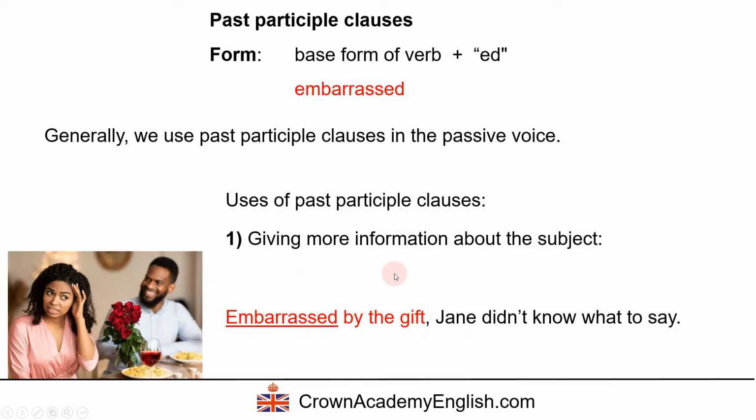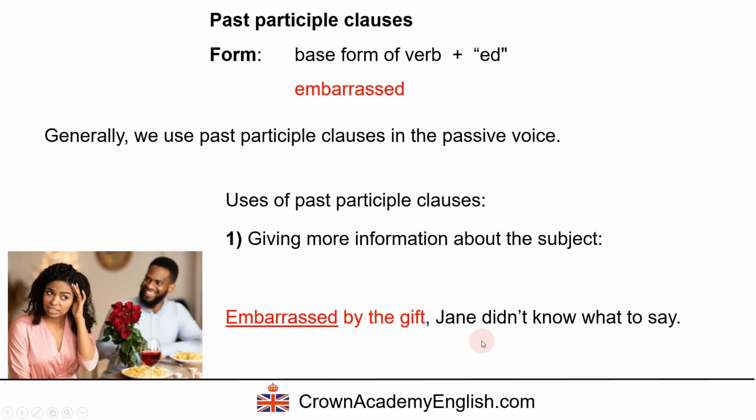Well, the full version would be, Jane was embarrassed by the gift, which is of course a passive. That's the passive voice. Jane was embarrassed by the gift and she didn't know what to say. So this is giving us more information about Jane. Okay?